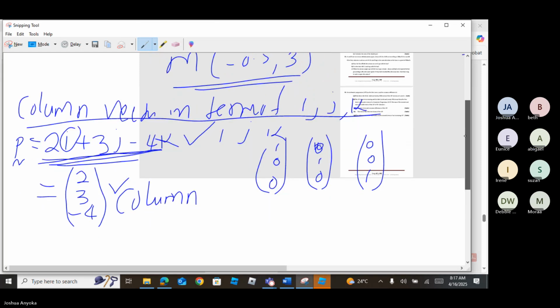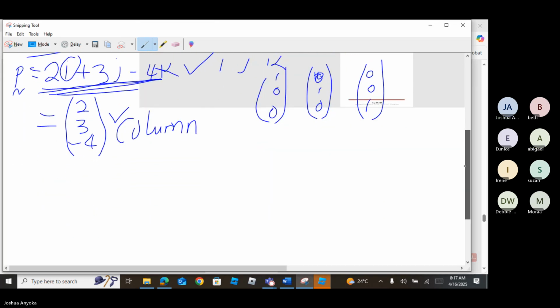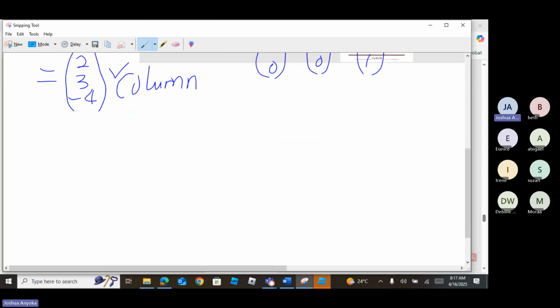Well, another thing that we are supposed to know in vectors, so we have vectors in terms of i, j, k, as we want to see in illustration of an example.